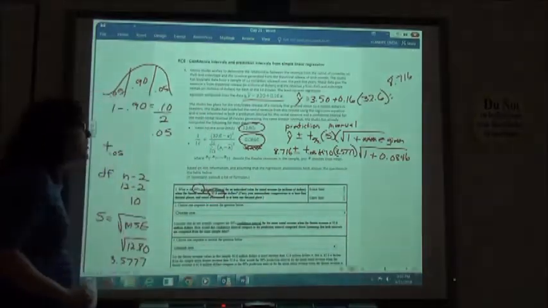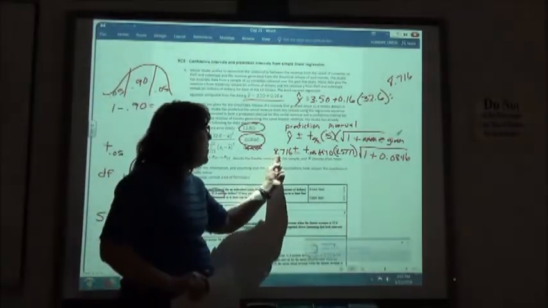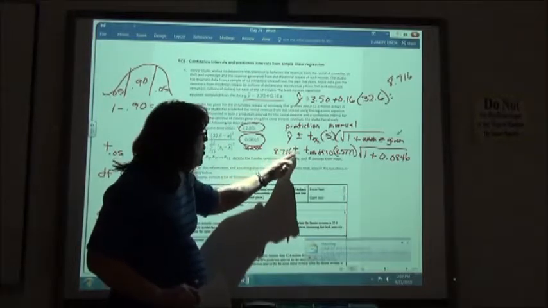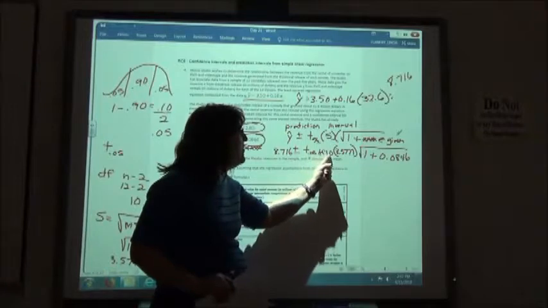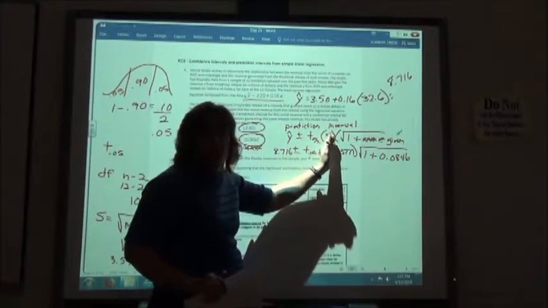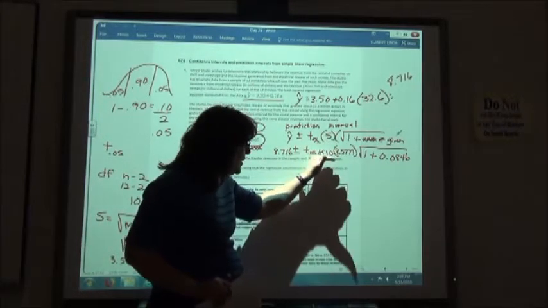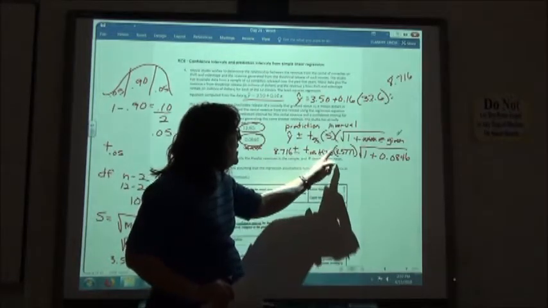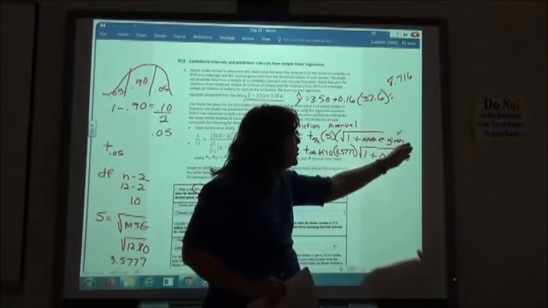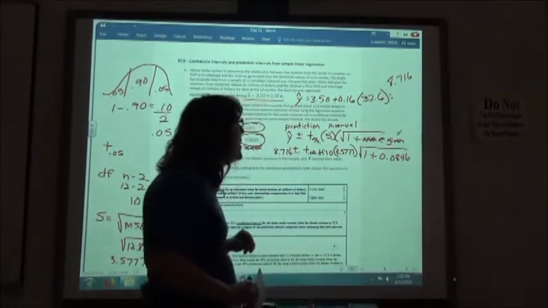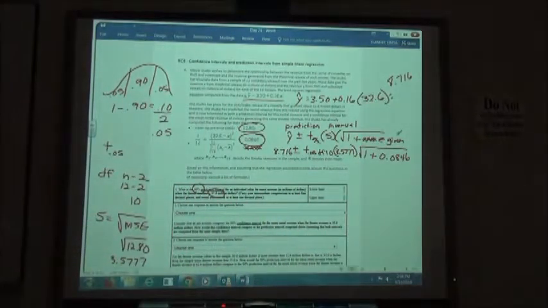So make sure when you punch that in, 8.716 plus or minus t sub 0.05 degrees of freedom of 10. Click up so you're out of the subscript, and then times my 3.5777, and then times the square root of 1 plus 0.0846. I'm going to give you a little bit here to get that punched into your calculator.